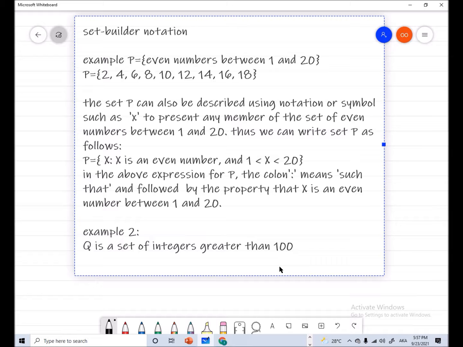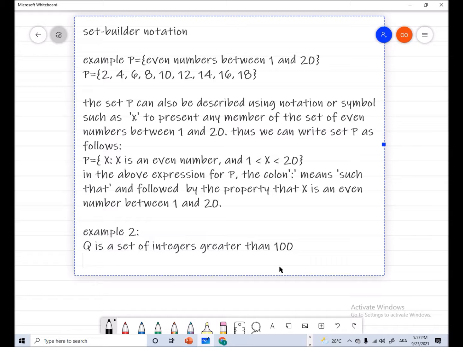What we have to do is represent x as the member of Q, then we define what x is, which is an integer. Then we know that the members of x are greater than 100. I think it's very clear. It's very easy.